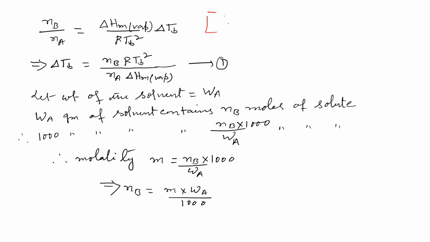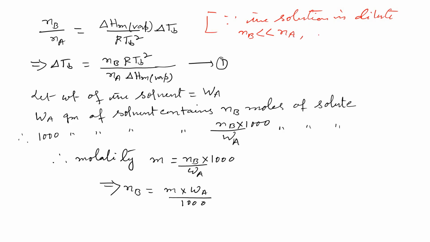The reason is that since the solution is dilute, your Nb, the number of moles of the solute, is much less than the number of moles of the solvent.